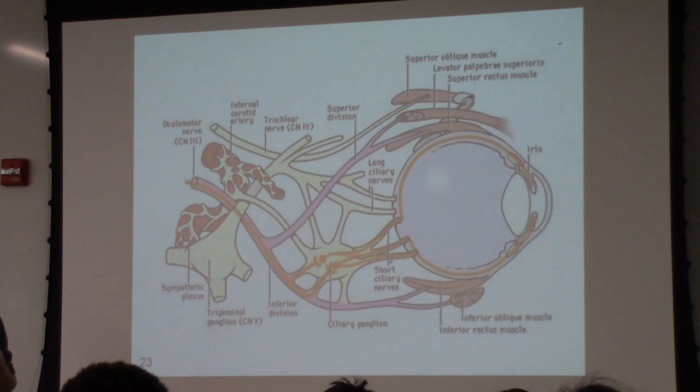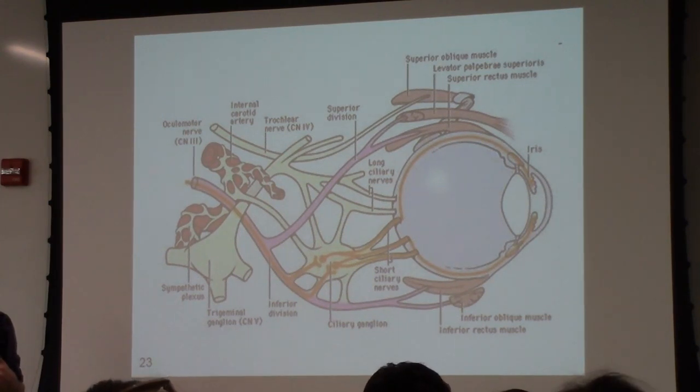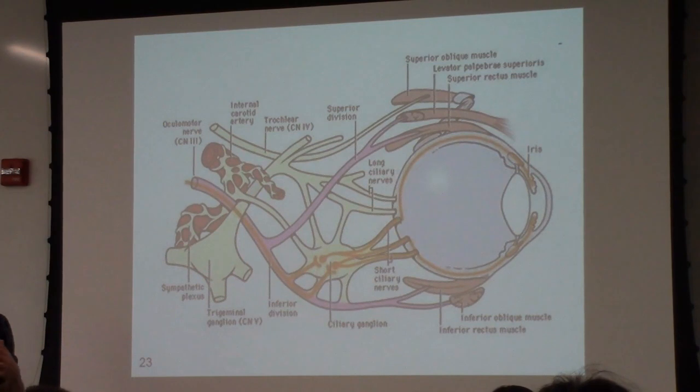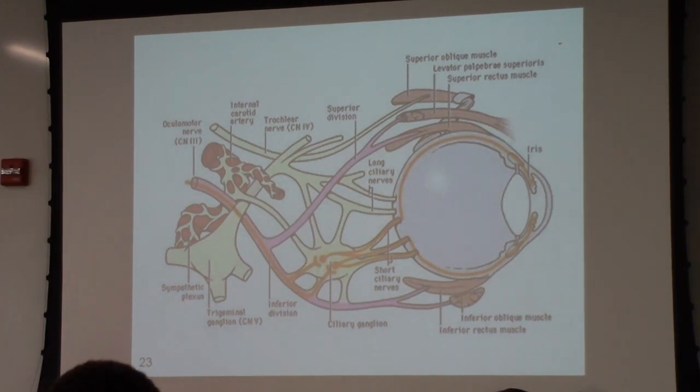Let's talk about innervation of both the muscles and the iris and the ciliary muscle. So we're going to talk about movement, the nerves required to move the eye, and to focus the eyes, and to constrict the pupil.